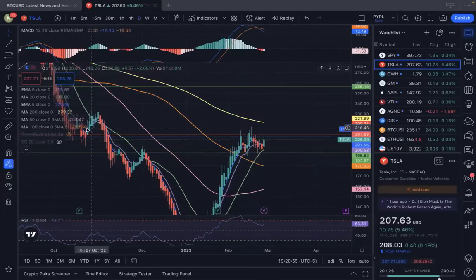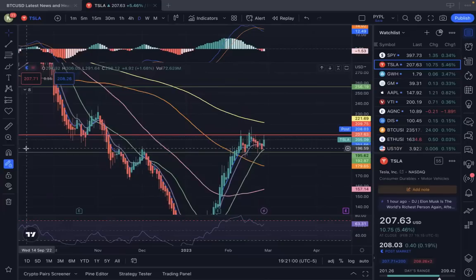Because of the 20 day, the 20 simple moving average, or I'm just going to say the SMA. I'm just going to make it simple for you guys. So I'm going to use abbreviations: the 20 SMA, which is the green line over here.